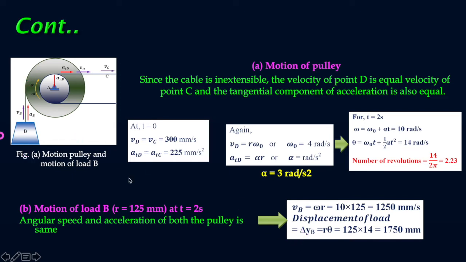So for the block also the displacement is r theta. So 125 into 14 radian. Finally our vertical displacement is 1750 millimeter.